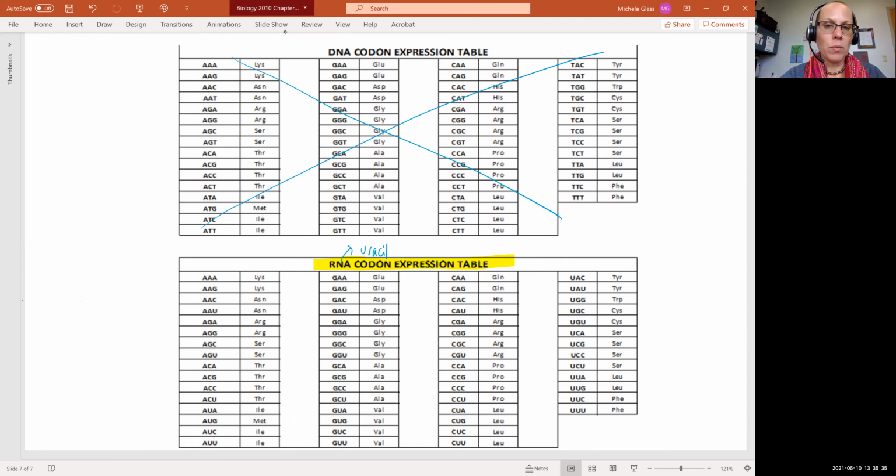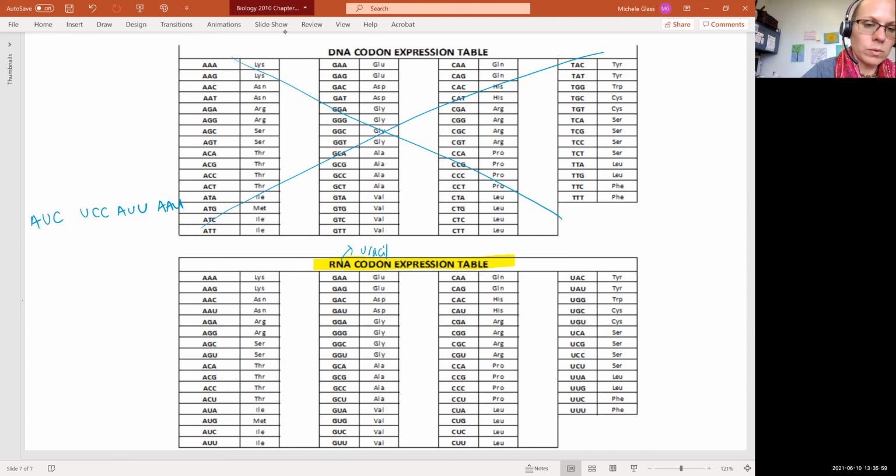Okay, I'm going to go ahead and rewrite on this screen my mRNA codons that I did before. So you already have this on your papers: AUC, UCC, AUU, AAU, and then the last one is CGG.